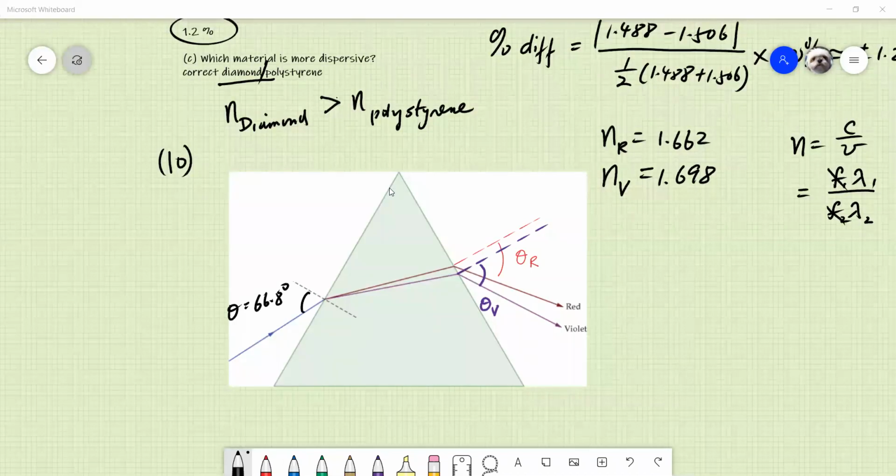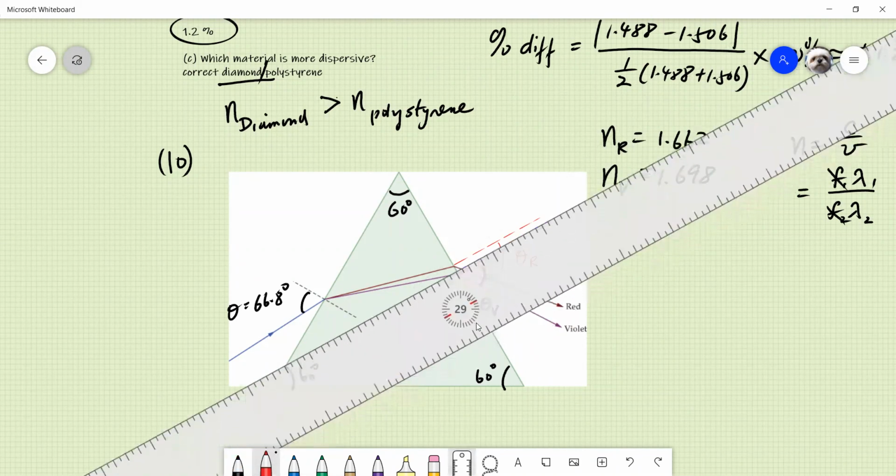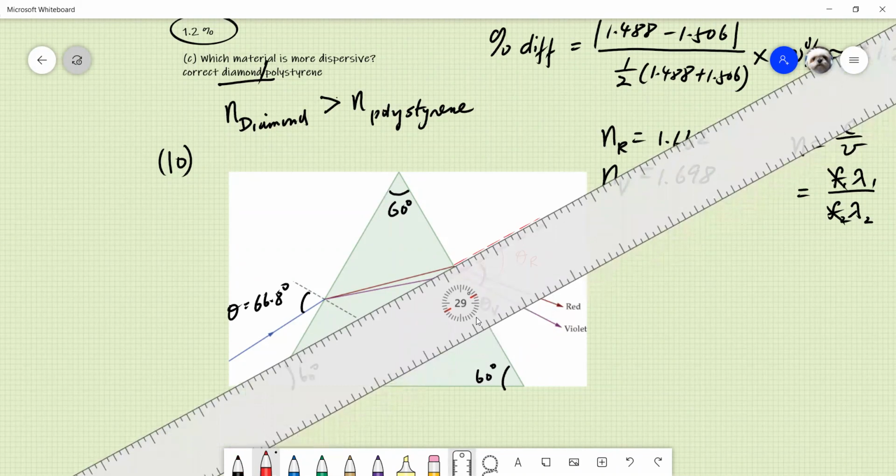Let me see. I think I did a similar problem last time, but we did not talk about the different colors, right? So here 60 degrees, here 60 degrees. Am I right? I'm gonna concentrate on the red.